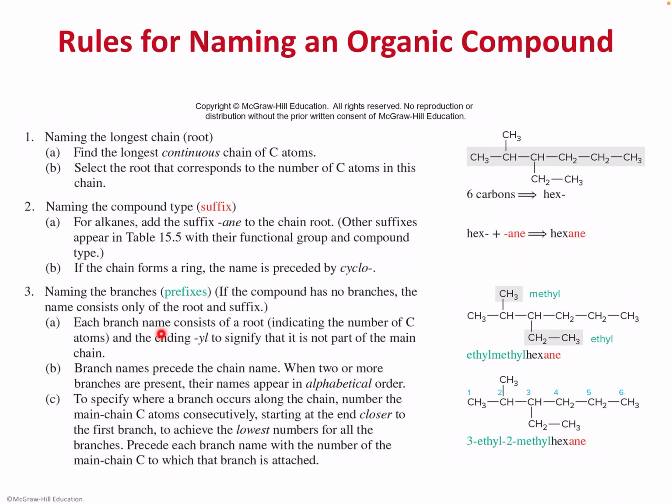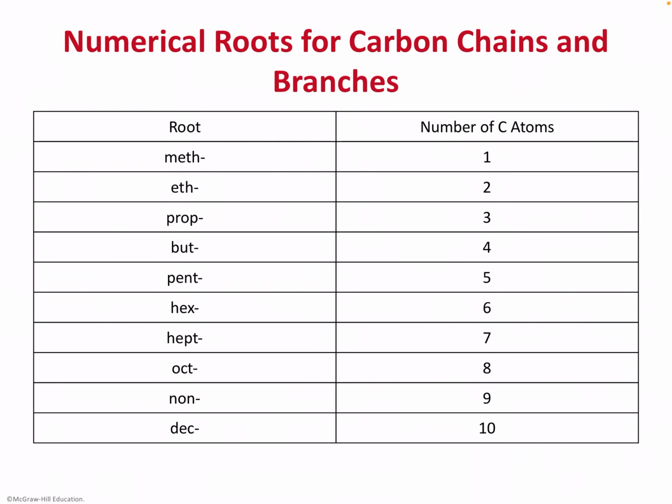Each branch name consists of a root indicating the number of carbon atoms and the ending "yl", to signify that it is not part of the main chain. So here we have one carbon. What is the root name for one carbon? Meth. To indicate it's a group, instead of saying methane, we add "yl".